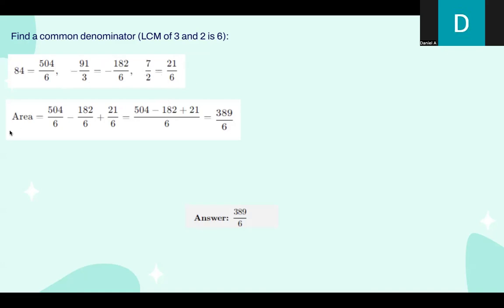So if we add all these together, you get area equals 504 over 6 minus 182 over 6 plus 21 over 6, equals 504 minus 182 plus 21 over 6, equals 389 over 6. So you'll get the answer 389 over 6.